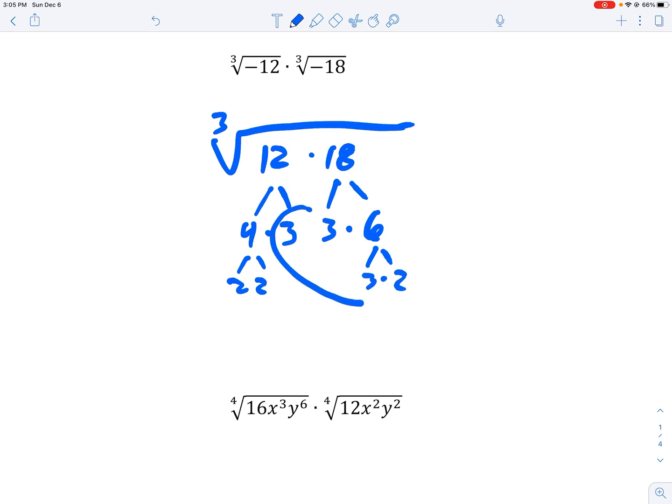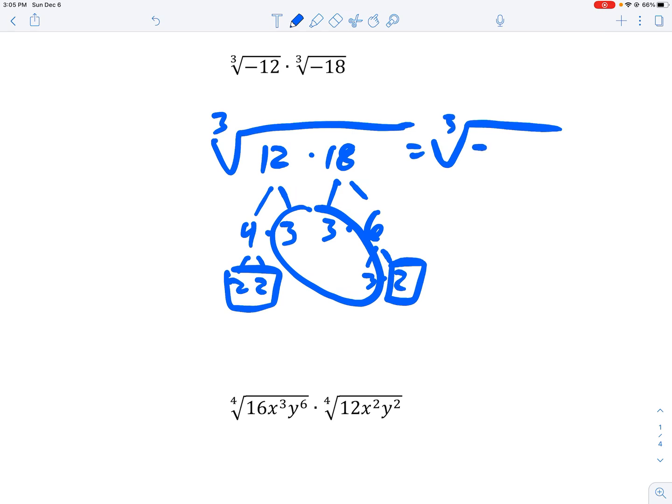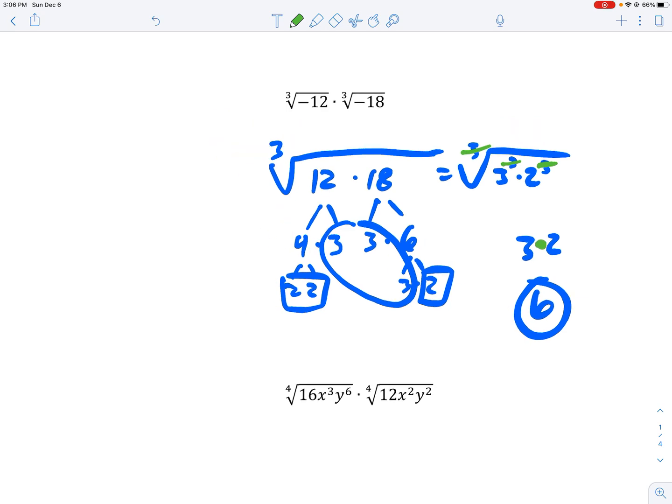So there is 3 of a kind, and there is 3 of a kind. So I can rewrite this as the cube root of 3 cubed times 2 cubed. So when you take the cube root, you get 3 times 2, so that gives you 6. Because again, remember, when you're taking the cube root the cubes reduce away. What's left is 3 times 2, which is 6.